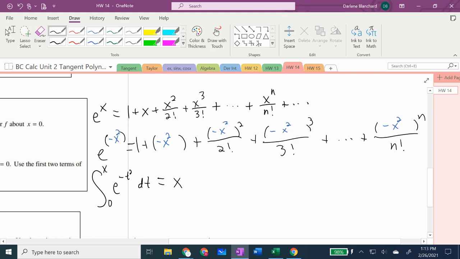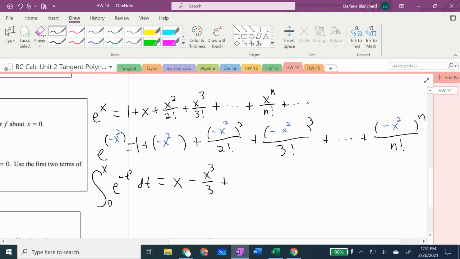I always, though, want to do x minus the center. Center is 0, so I'm not bothering with a minus. And then integrating, I have my negative sign and then x cubed over 3. Integrating, my negative sign got squared away. I actually had x to the 4th.